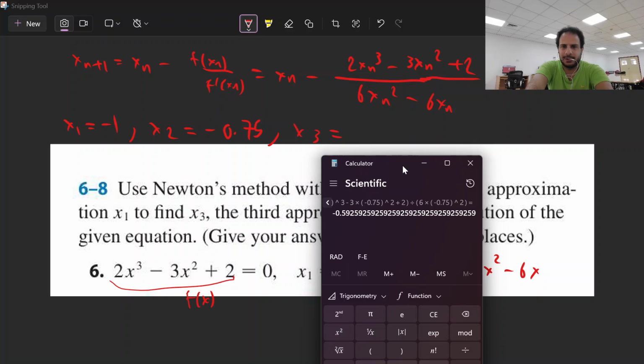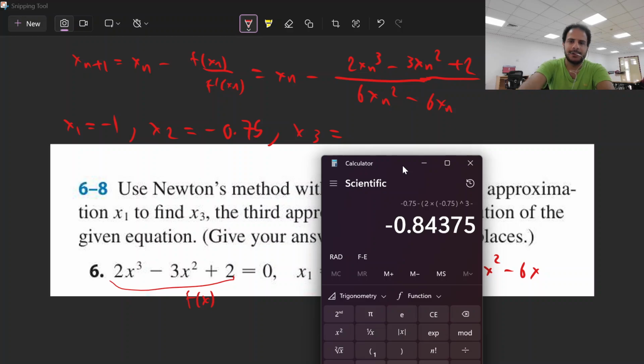I made a mistake. Let's repeat it again. So control V minus 2 times control V cubed, then minus 3 times control V squared, then plus 2, close it, then divide.